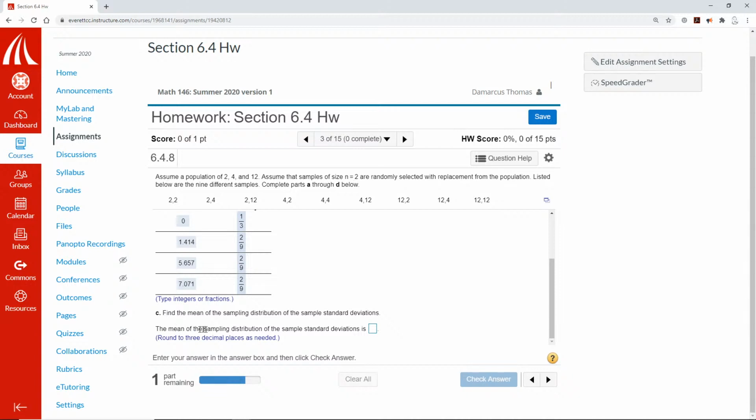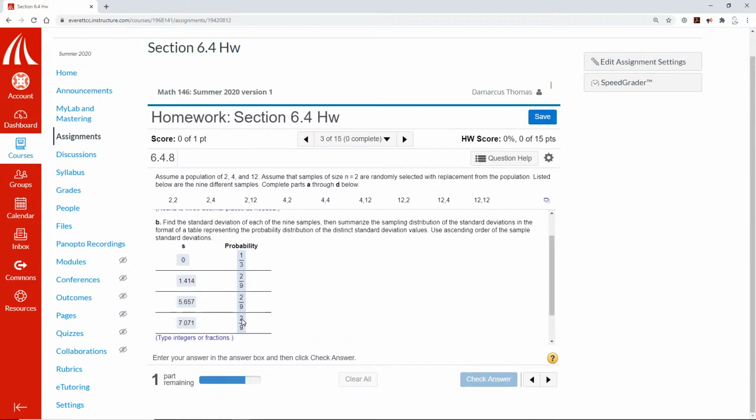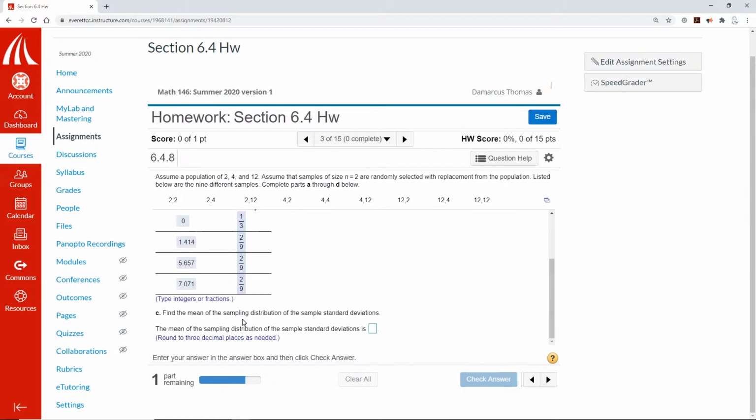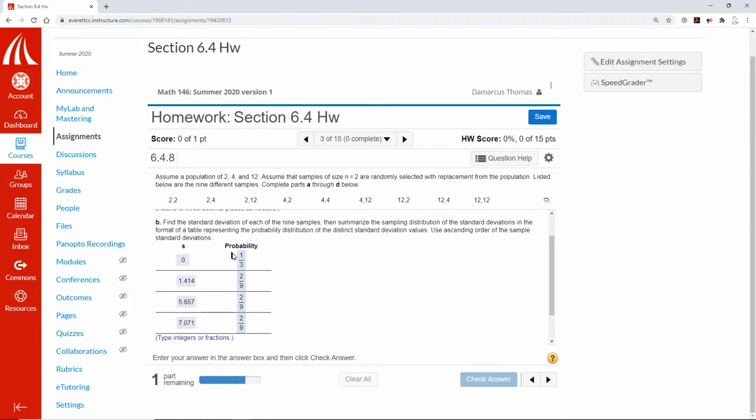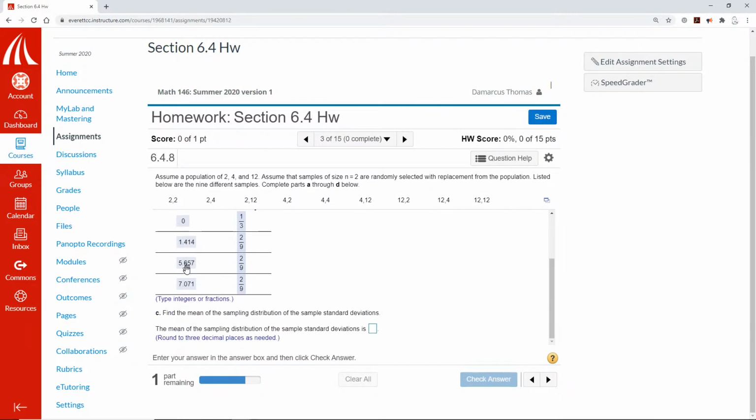The mean of the sampling distributions of the sample standard deviation is what? So they're talking about not the probability, but the mean of the sample deviations. So I'm going to add up these guys, and I'll divide it by 4.